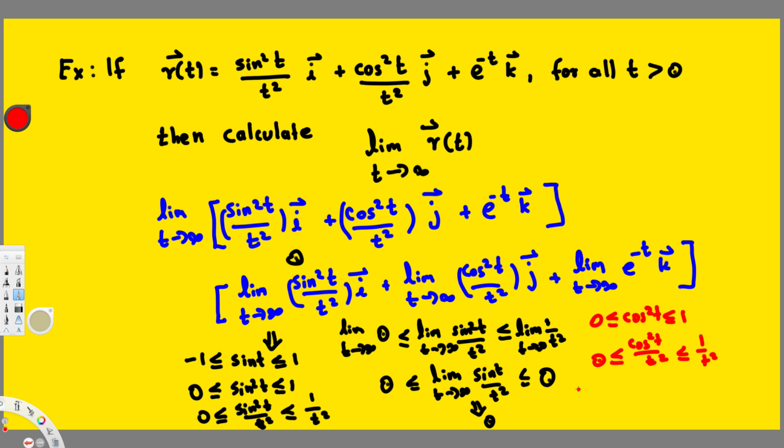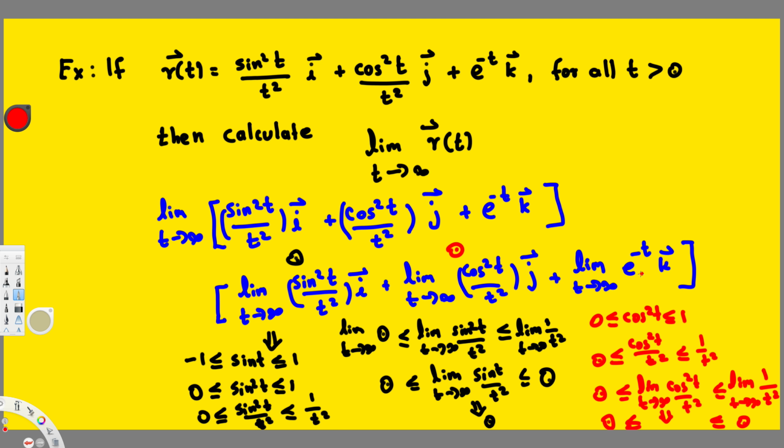And again, if you take the limit, this is going to be 0, and the limit as t approaches infinity of cos squared t over t squared is what we are trying to find, and if you take the limit as t approaches infinity of 1 over t squared, again this is going to be 0. So 0, and this remains here, and this is also 0. Since this is squeezed between 0 and 0, this also must be 0, right?